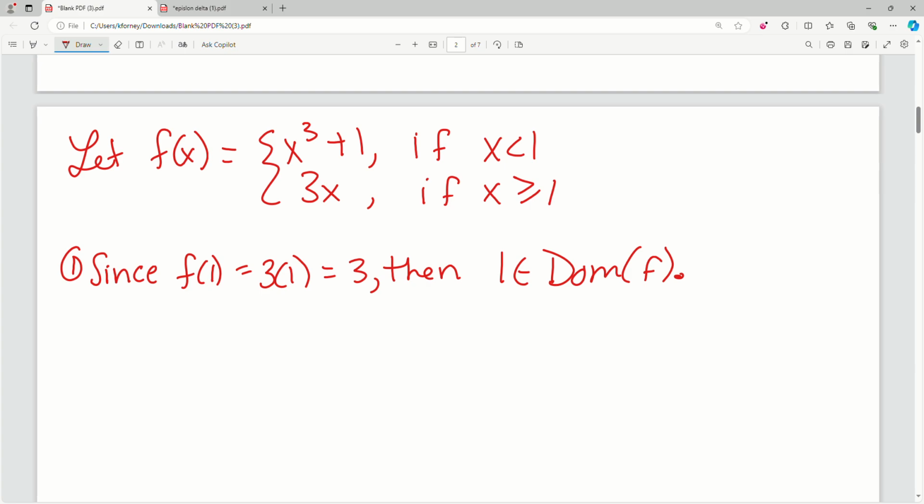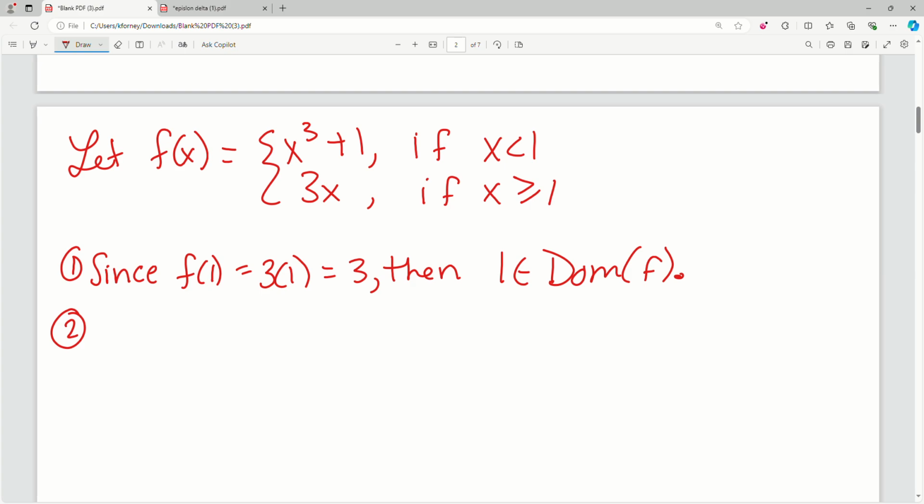So now the second piece says that the limit has to exist. To exist, you have to look at it from the left and the right.